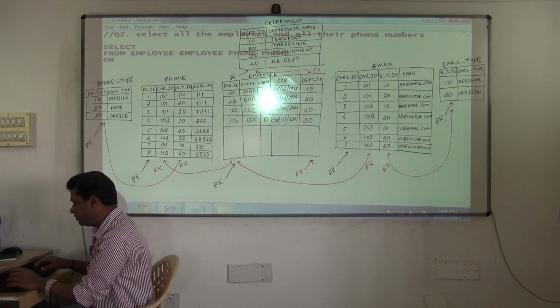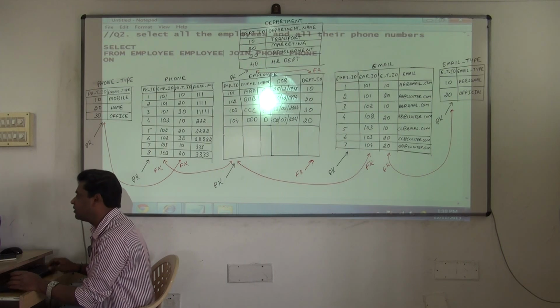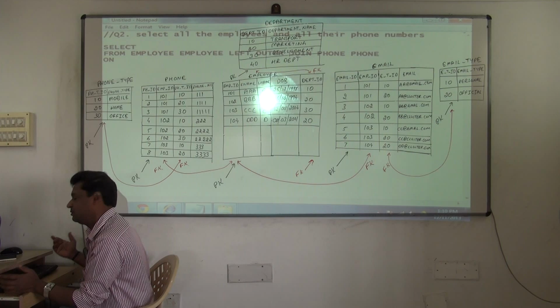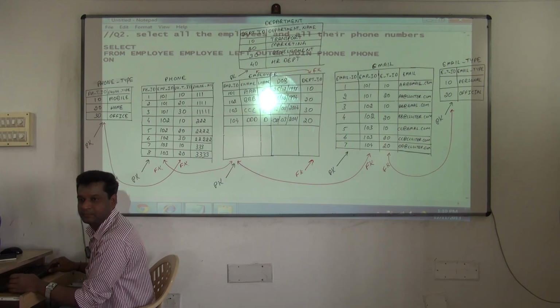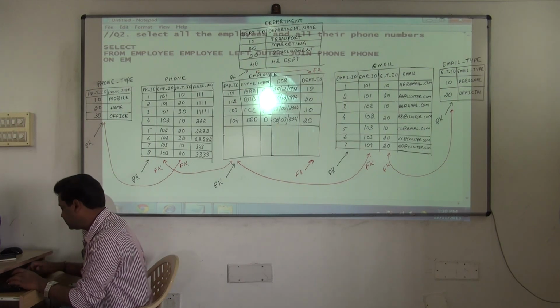So I'll go for what join now? If I tell only join, it will become inner join. But I want the extra record. So what will I do? Left outer join. That's it. Understood? On what is the joining condition? Same. Matching records plus extra records.